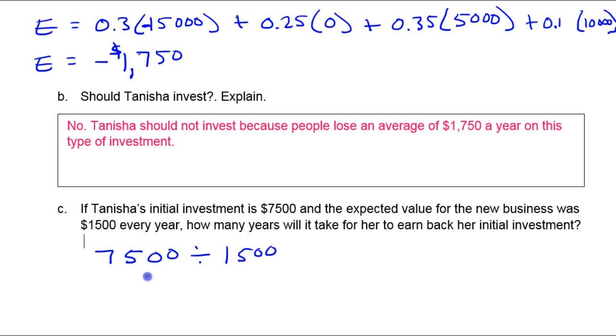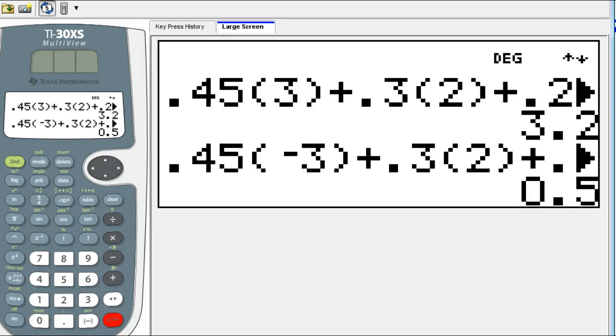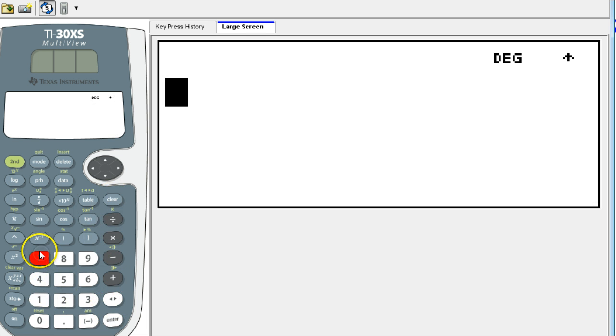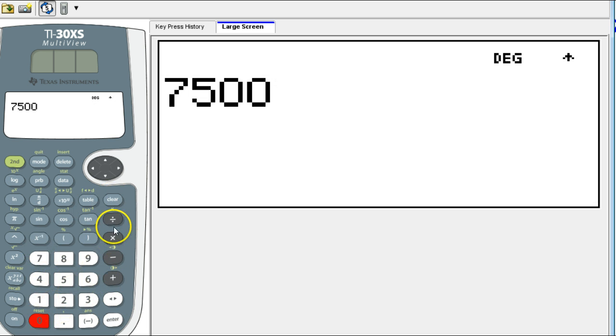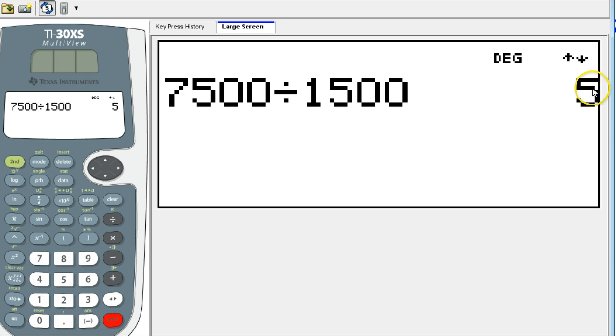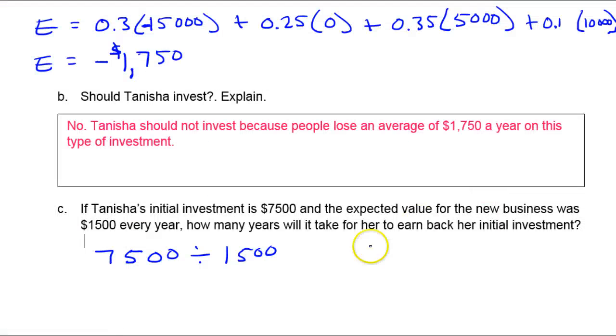That should tell us how many years it will take. All right, 5 years.